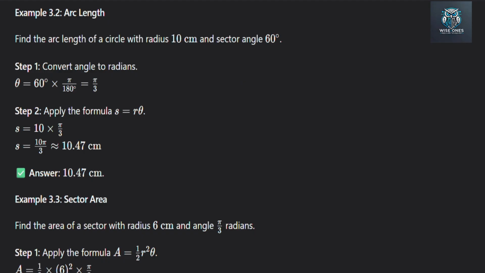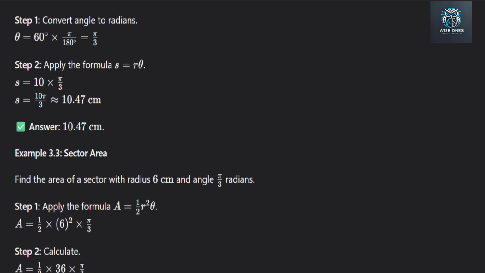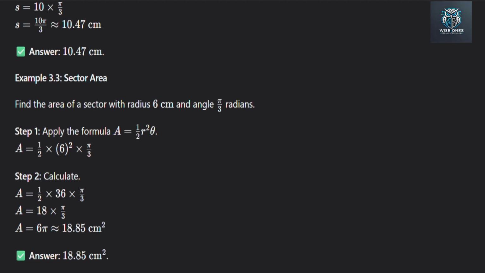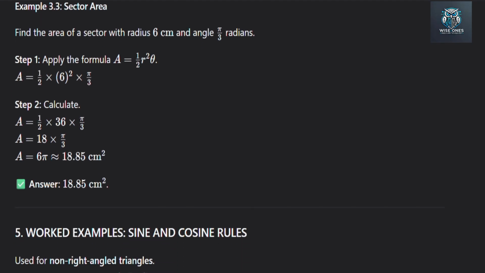Step 2. Apply the formula S equals r times theta. S equals 10 times pi over 3, which equals 10 pi over 3. If you calculate this, it is approximately 10.47 centimeters. Answer, 10.47 centimeters. Remember to convert first.